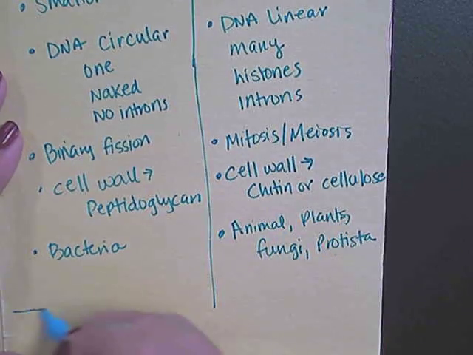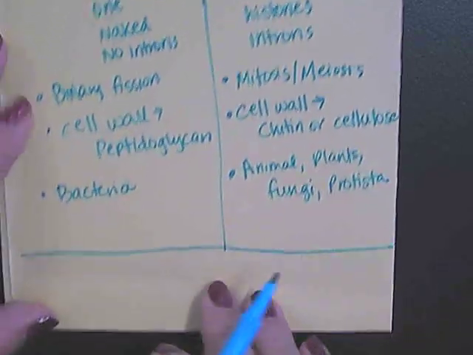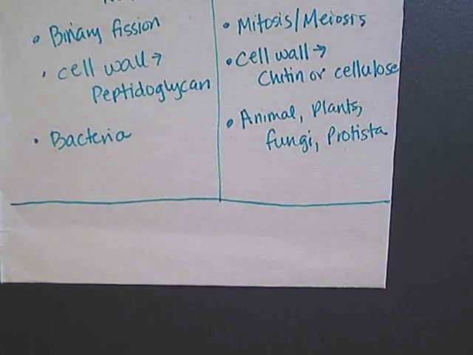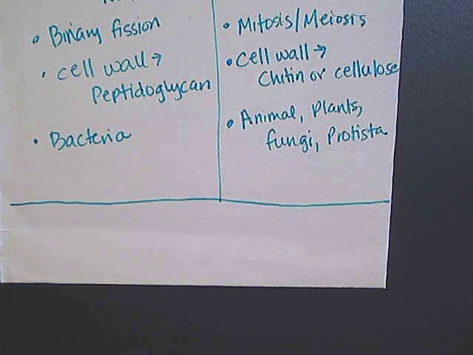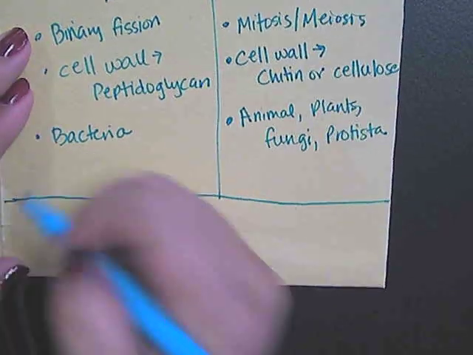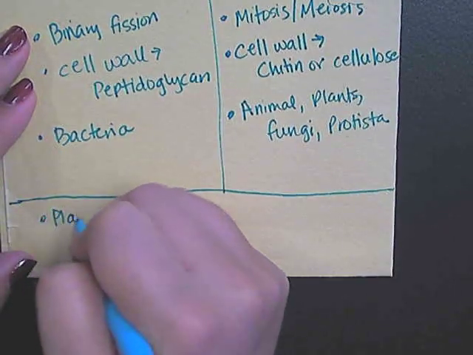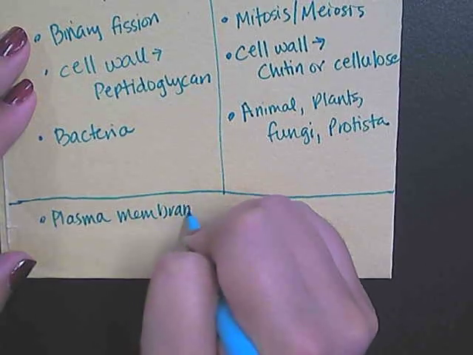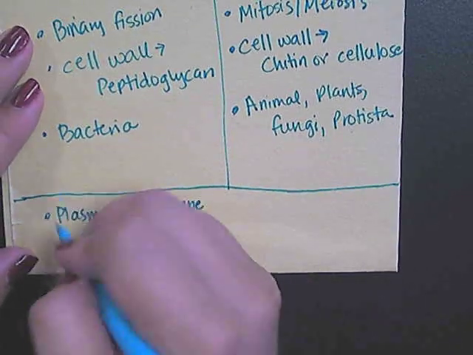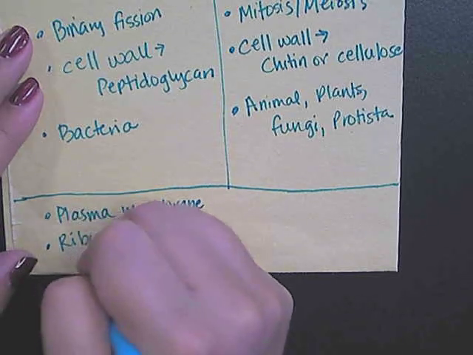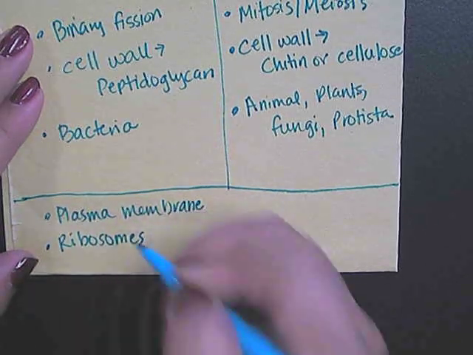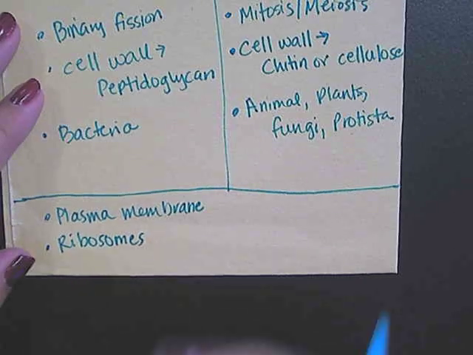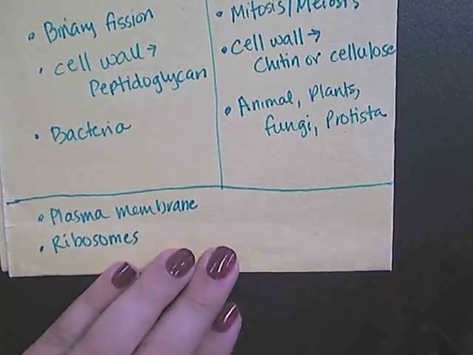At the very bottom, I'm going to put what they have in common. Between the prokaryotic and eukaryotic cells, there are some similarities. Number one, you have your plasma membrane made of that phospholipid bilayer. They both contain ribosomes. They are slightly different in their structure, but their function is the same.